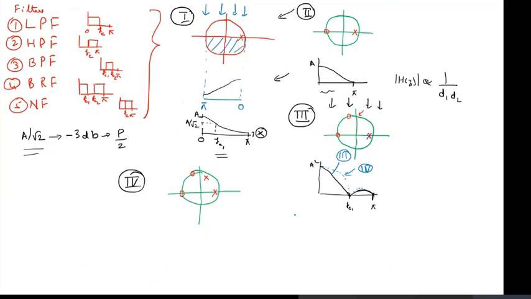Okay, so it depends. If you see over here, your A by root 2 may be somewhere here, which is around pi by 2. So you may place the 0 at pi by 2, but you have to calculate. If you look at this one, for the same thing, if you place the 0 at the same place, your cutoff is shifting beyond pi by 2.